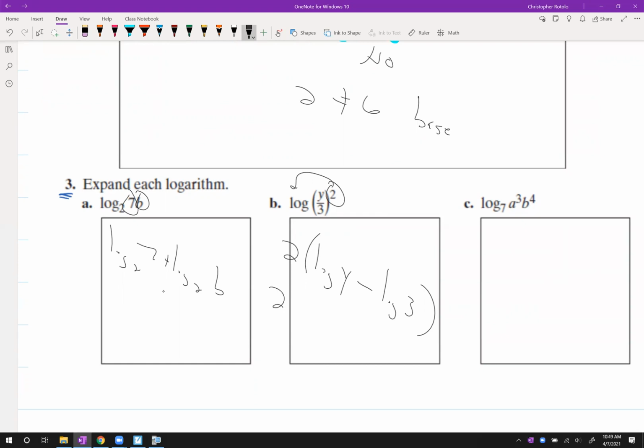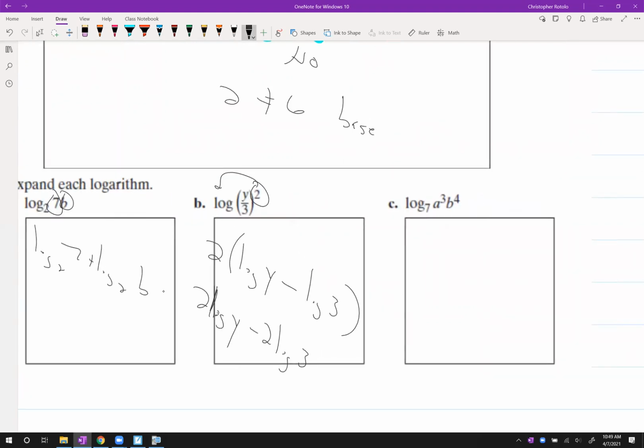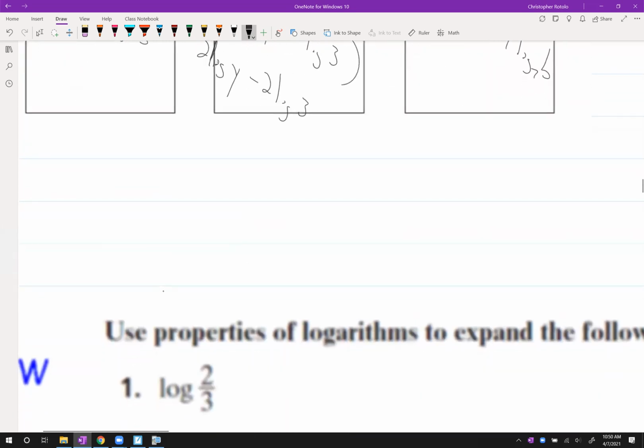My other option is to write 2 log of y minus 2 log of 3, no parentheses there. So I kind of match whatever the problem is given. Okay, so I got log of 7a. Remember, that was to the third power, so we're going to drop it in there. We're multiplying, so plus 4 log of b. I almost forgot my base 7 in there. Do have to have those matchy-matchy.